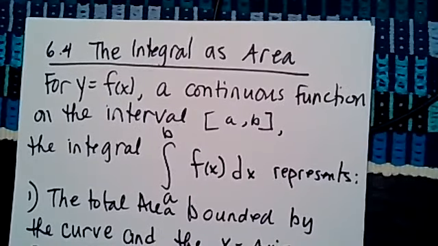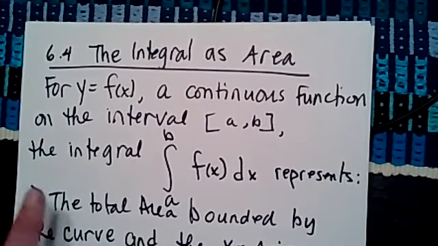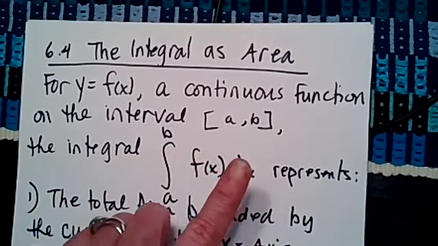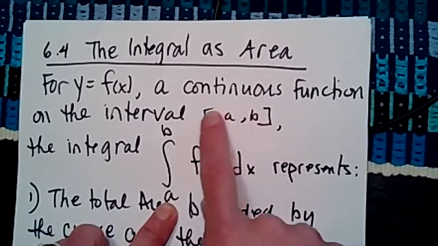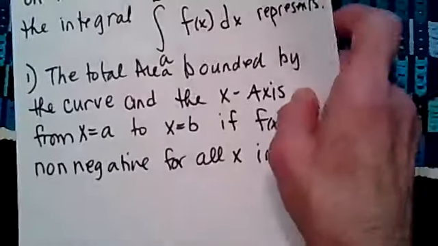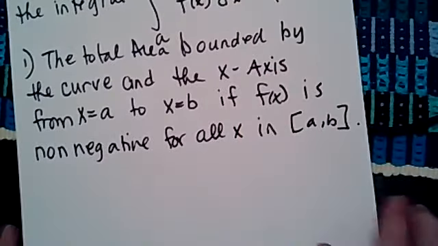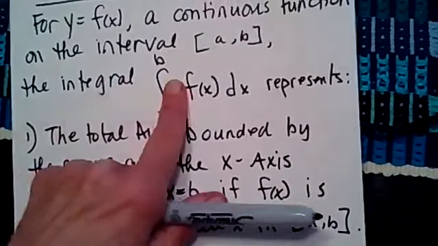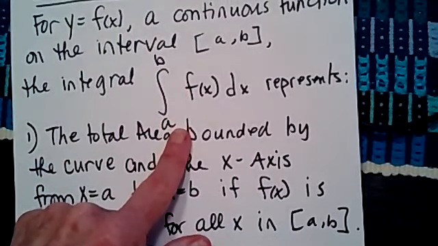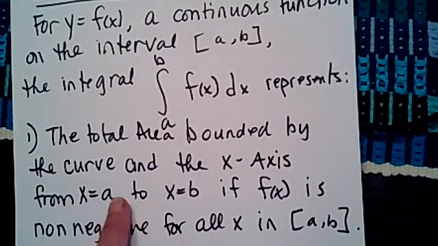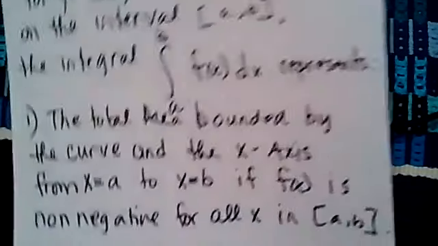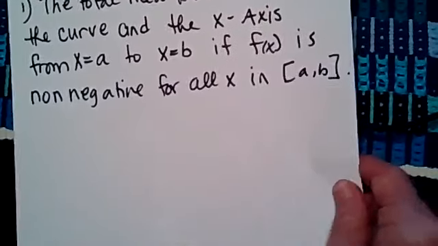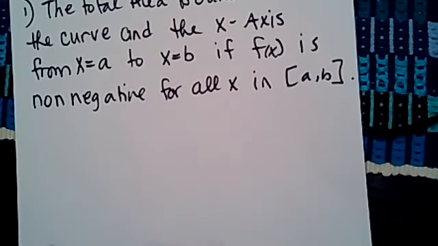For y equals f of x, a continuous function on the interval a, b, the integral from a to b, so we're setting up the definite integral, represents the total area bounded by the curve f of x and the x-axis from x equals a to x equals b, if your function is non-negative for all x in a, b.